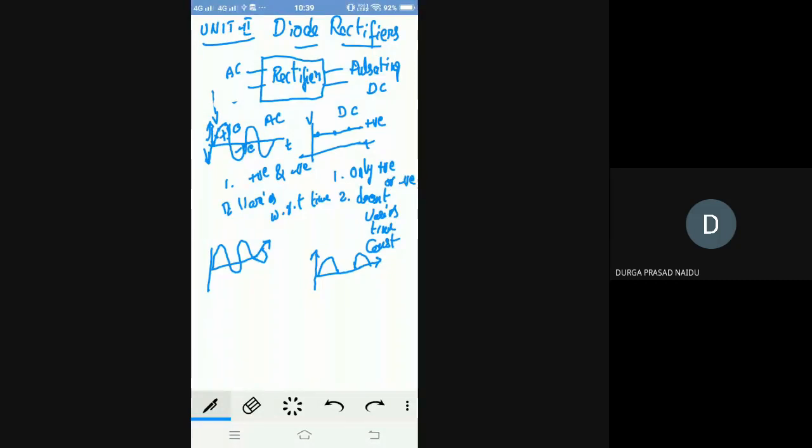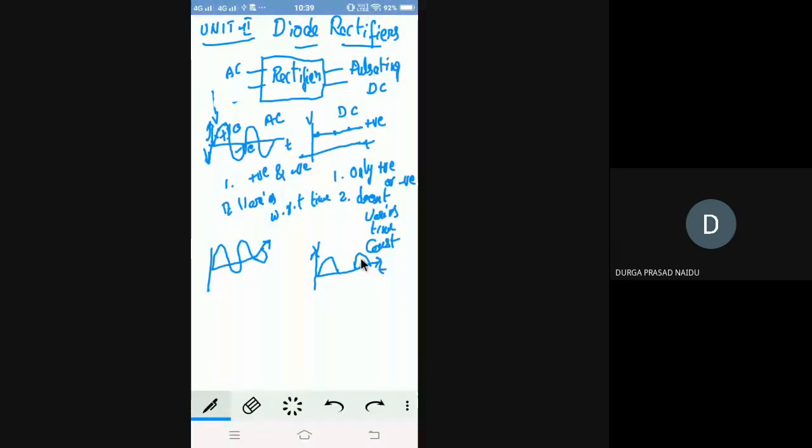Yes, it is right. It is having some AC qualities, because the amplitude of the signal varies with respect to time. That is a quality of an AC signal, but it is having only positive values.